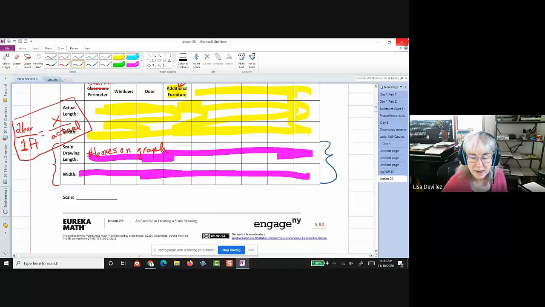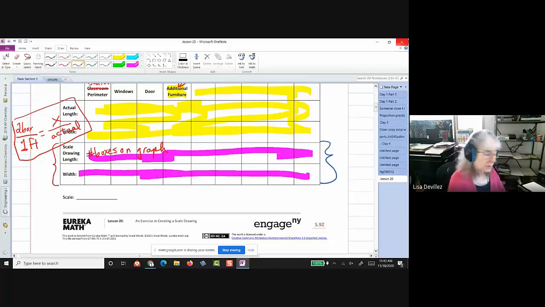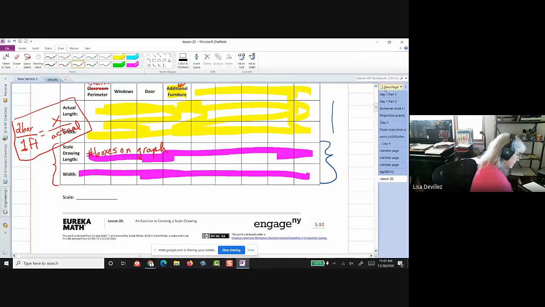Does everybody understand what we're doing today? So we're just filling in the graph, then drawing it on graph paper. Yeah, your measurements and calculations will be in this table that's here.